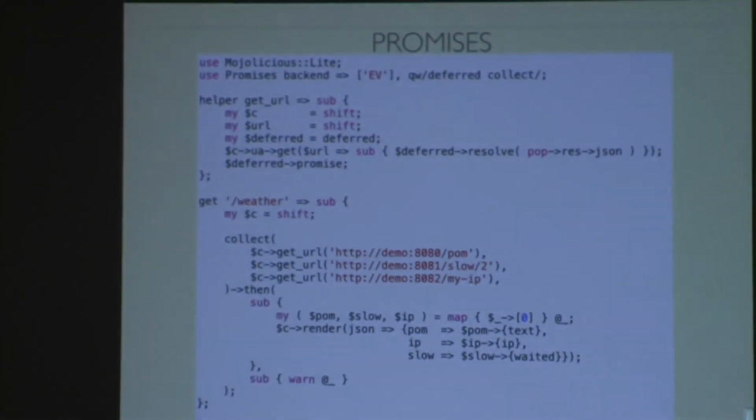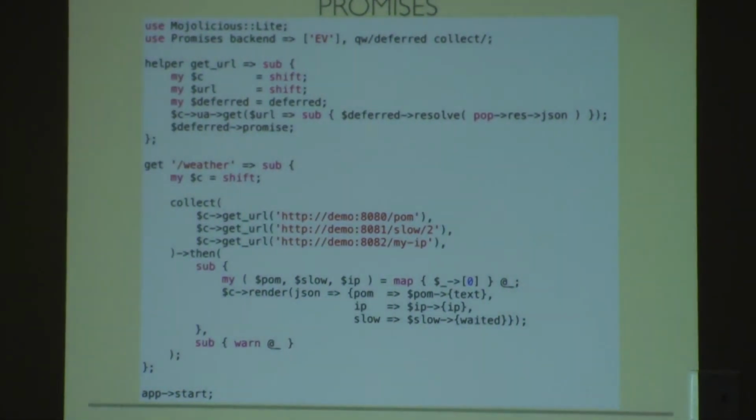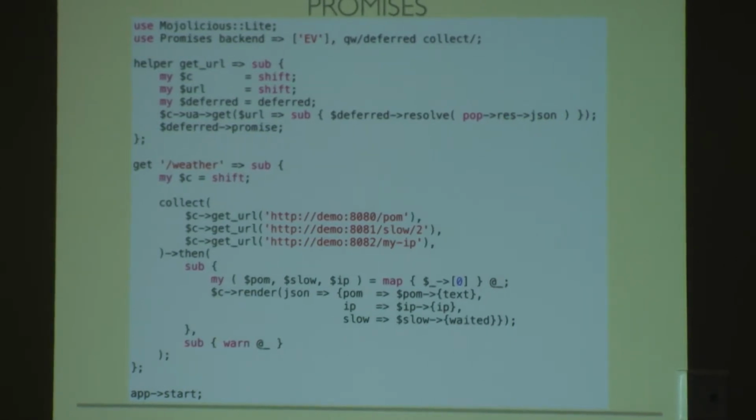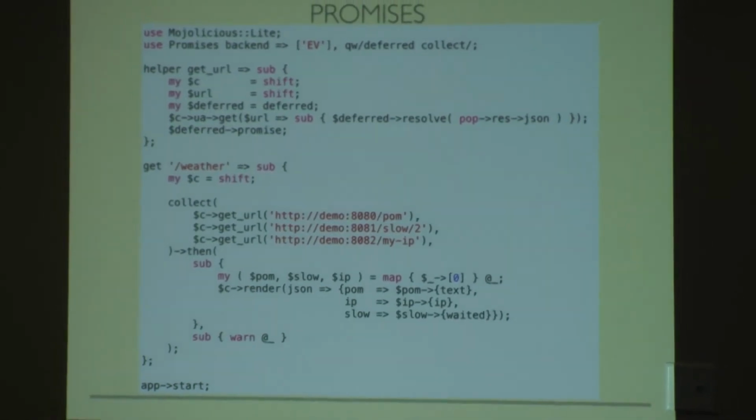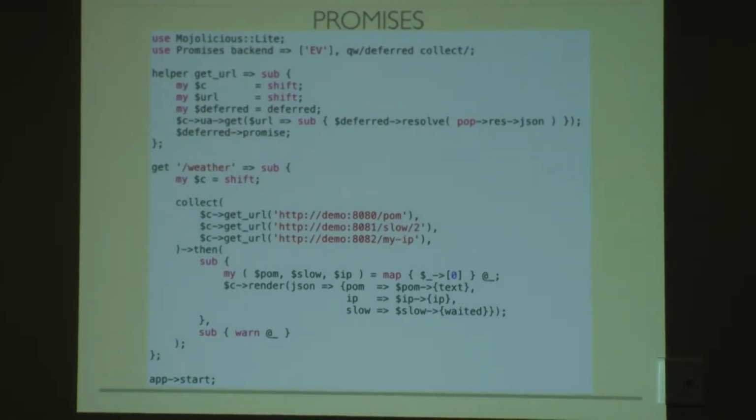Okay, we're going to look at promises for a minute now. I'm not going to spend as much time on promises as I did with AnyEvent. The Promises module is nice if you're familiar with a JavaScript background. This is the Perl implementation of the Promises/A specification with a couple of asterisks in there. But by and large, this is exactly how it was spec'd out.